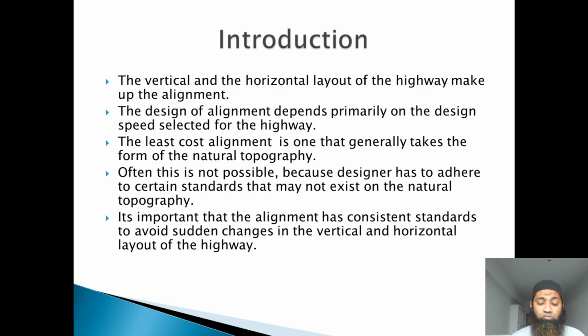The cost can be reduced if we have a plain terrain. But often this is not possible, as I had told you, because the designer has to adhere to certain standards that may not exist in the natural topography. So while maintaining the standards, coming up with an alignment is not that easy.